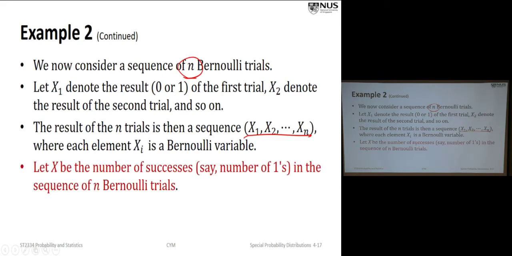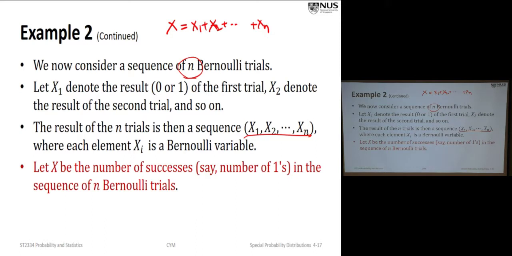So let X be the number of successes. I'm saying that X equals X1 plus X2 and so on. All right? Remember, X1 takes 1 or 0, depending on whether it is a success or failure.